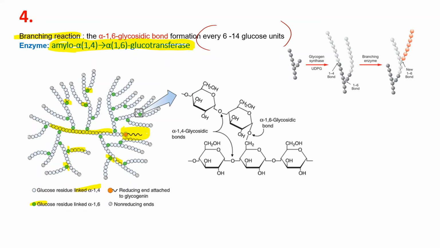And then we also have that dark gray round bits, the non-reducing ends. Okay, this structure represents the idea of branching reaction. So after at least 6 glucose, ada insertion with alpha-1,6 glycosidic bond. So dia akan branch. Selepas sekurang-kurangnya 6 glucose molecules akan ada branching.